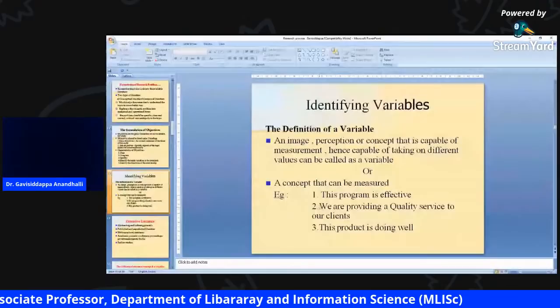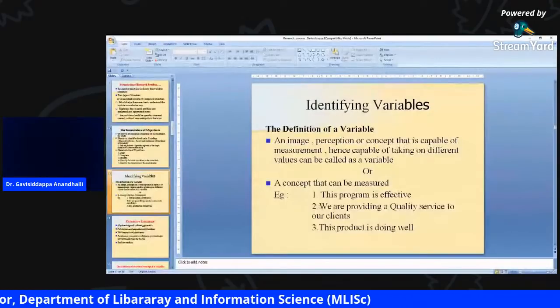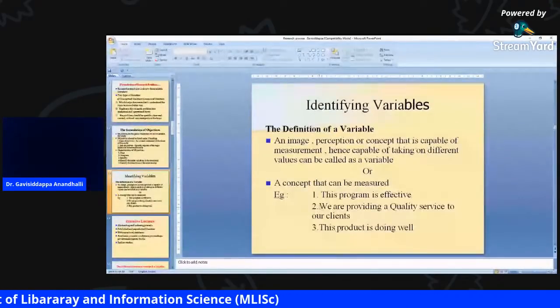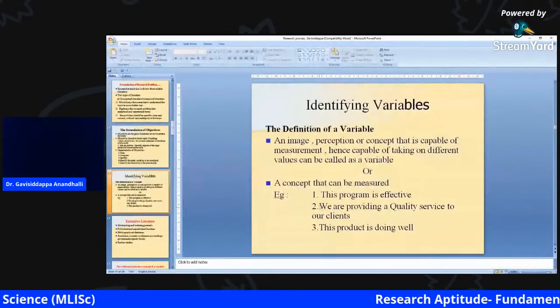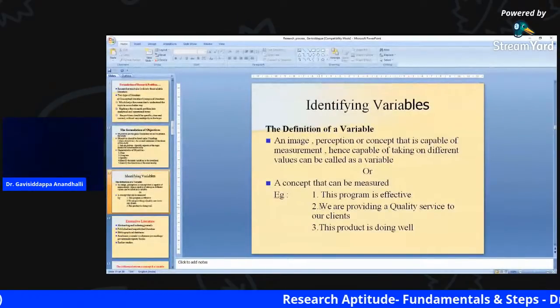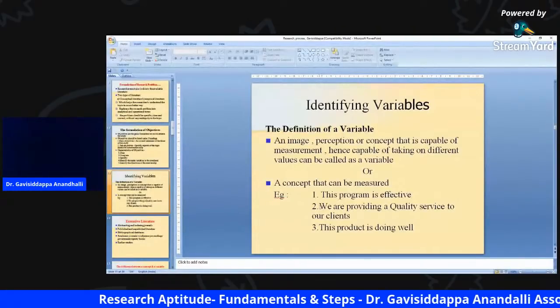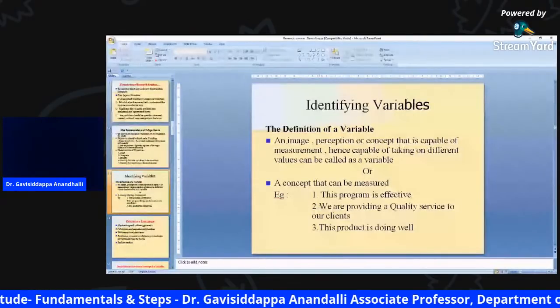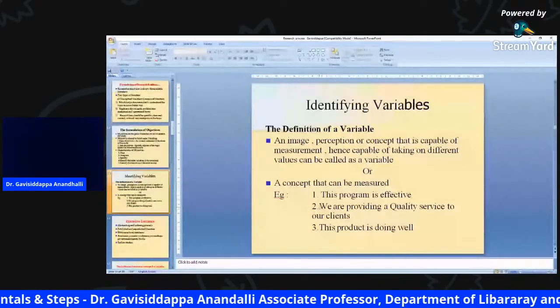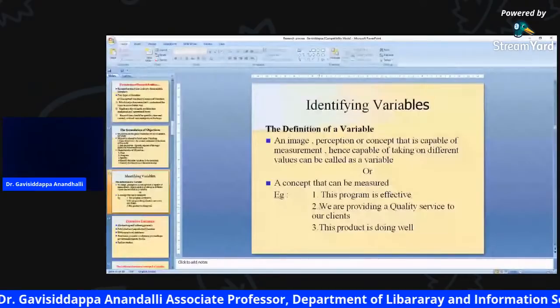Therefore, since it is capable of measurement and of taking different values, it can be called a variable. A variable is a concept that can be measured, it takes different numerical values, hence it is called a variable, or a concept that can be measured.